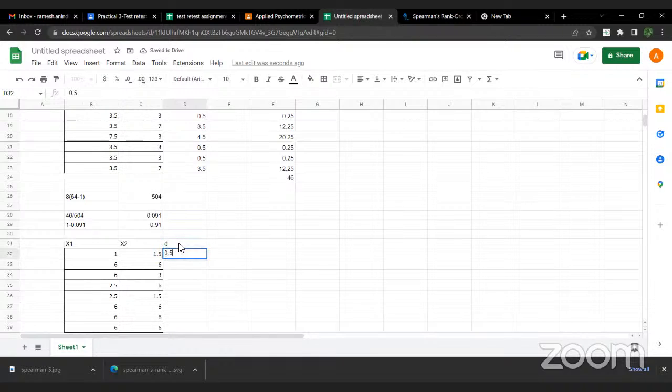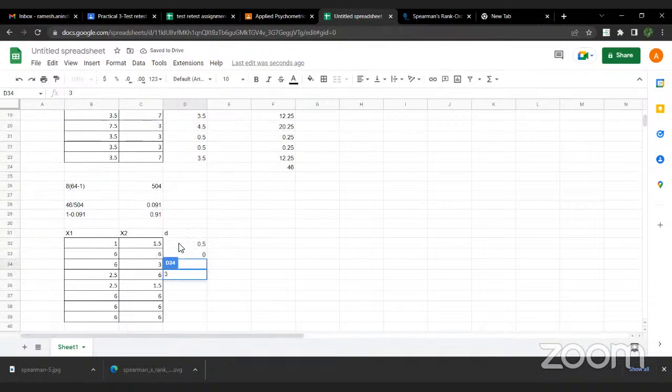So again, we have 0.5, we have 0, we have 3, then we have 3.5, we have 1, then 0, 0, and 0. This is the difference that we've gotten across the ranks.